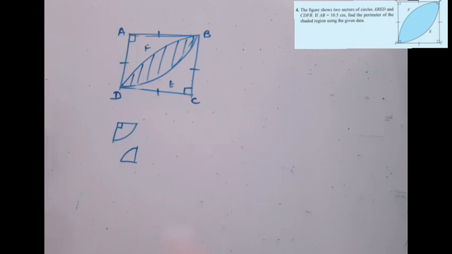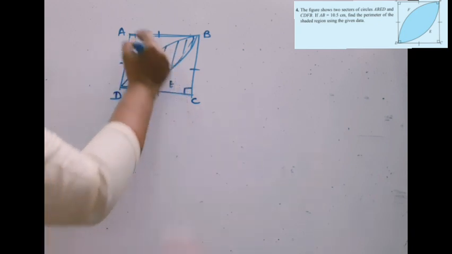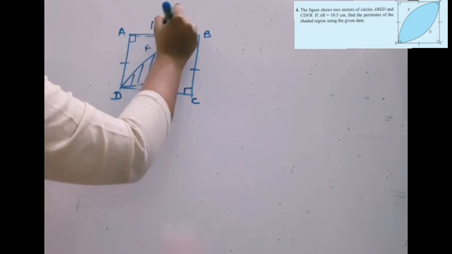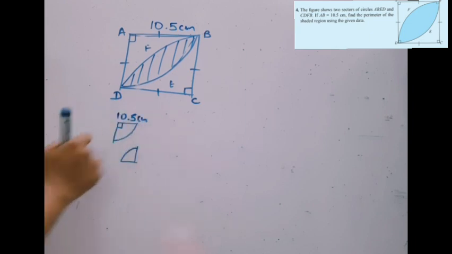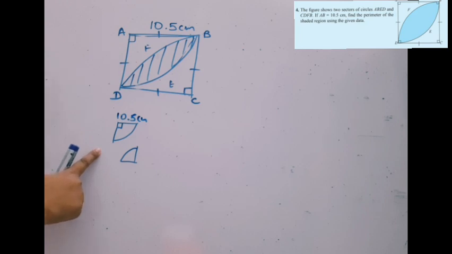Now the side length of AB is 10.5 centimeters. So this is actually the radius of this quarter circle. Okay, now the question is find the perimeter of the shaded region using the given data.